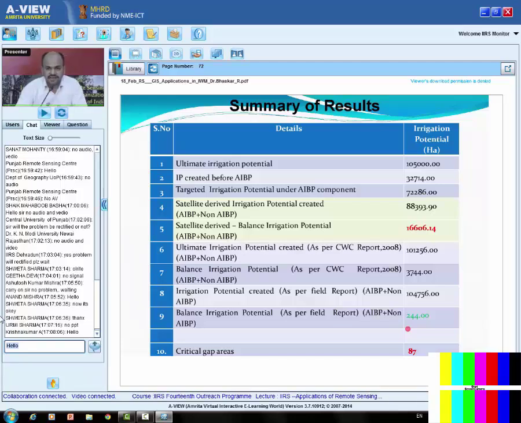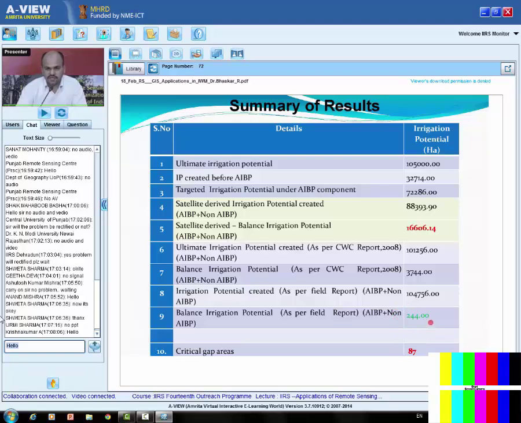Whereas the analysis done by us shows that there is a tremendous gap. The balance irrigation potential which we have derived using remote sensing data comes to something around 10,475, with 87 critical gaps.